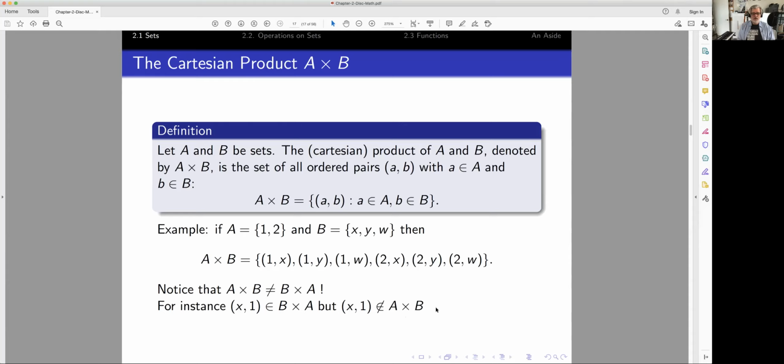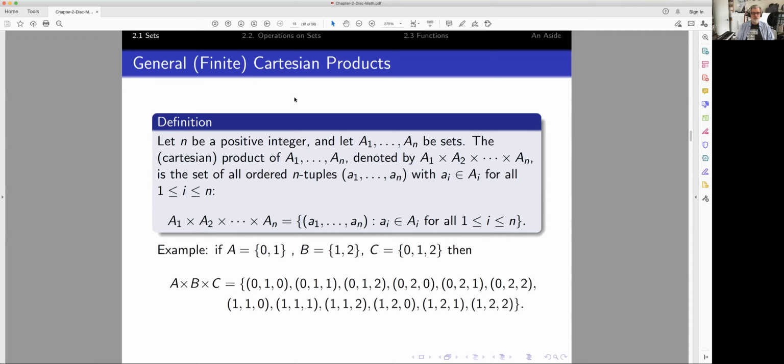Of course, when you think about the real plane R times R, since it's the same set, it makes no difference in which order you take it. But if the sets are different, you're going to get different pairs. That's the product of two sets. And then you can just generalize to any number of sets. Let's do it for n sets.